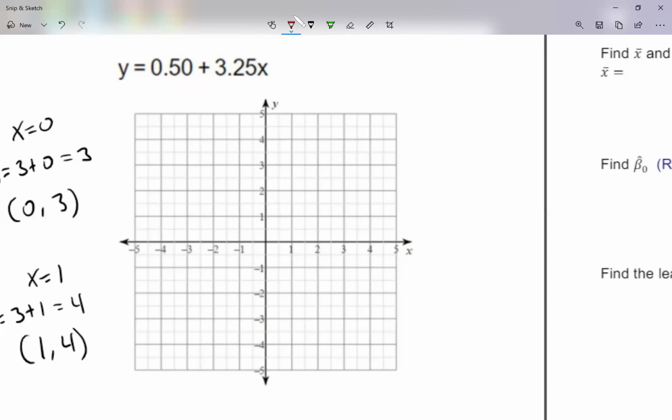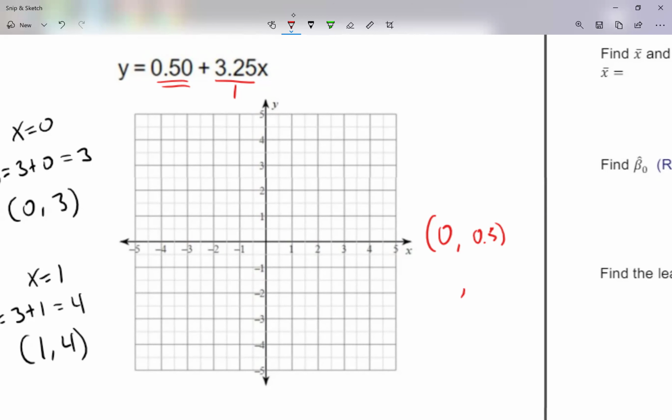My initial point is (0, 0.5). We can do that. Again, don't be afraid of decimals. My slope is 3.25 over 1. So my difference of the y's, add 3.25. So let's see, 0.5 plus 3.25.